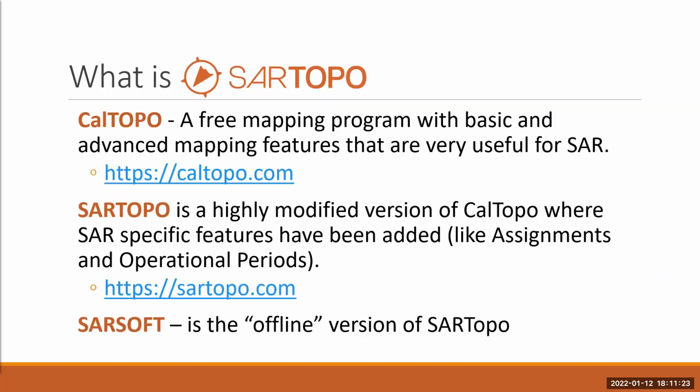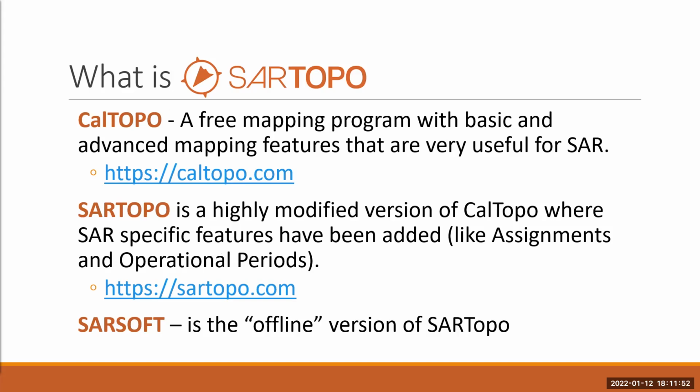So what is SARTopo? Well, SARTopo is a derivative of something called CalTopo. Basically it started out with a guy named Matt and some really smart friends of his who said, we don't like the commercially available tools for mapping out our adventures, so we're going to come up with something better.